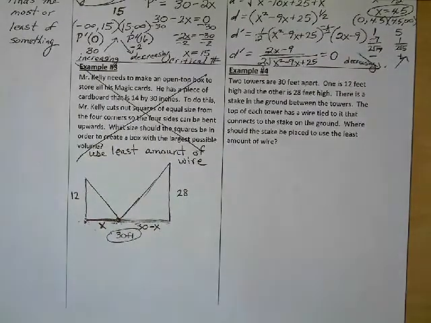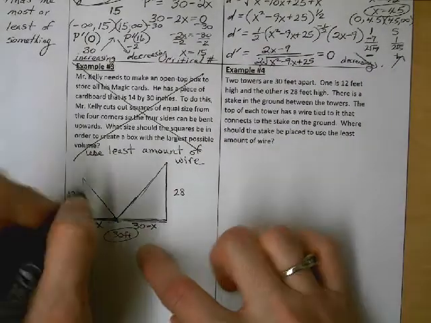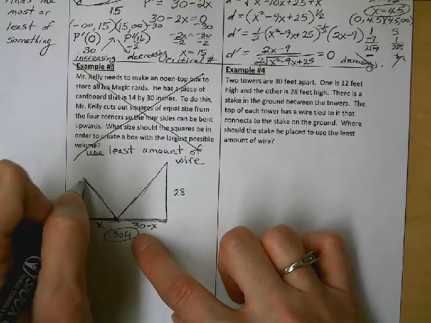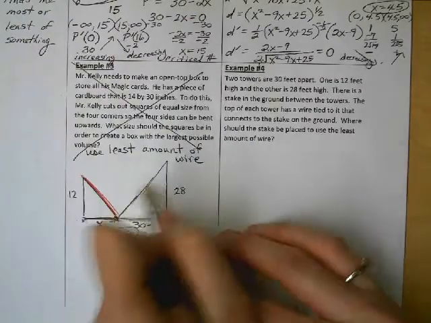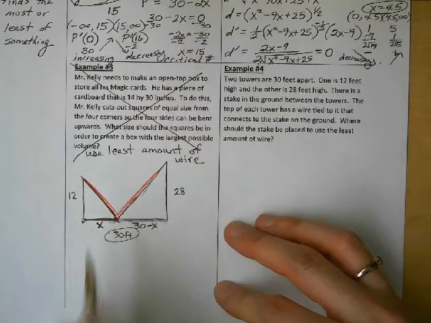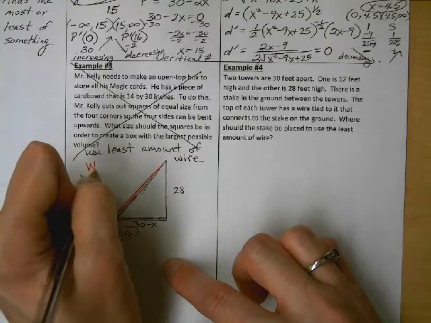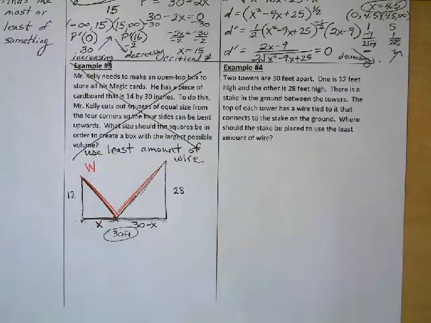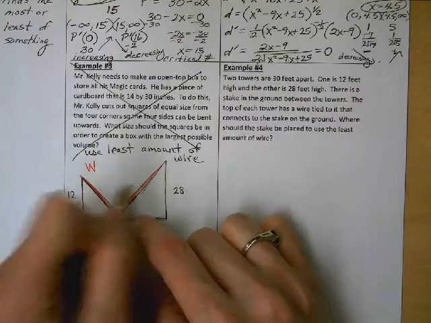All right, now we have to figure out how we want to label where the wire goes. They want to use the least amount of wire. Well, this is wire right here. The wire would be going here, and there'd be wire here. So let's just put W for wire. We're trying to figure out the least amount of wire. So we need some variables to label these sides too.